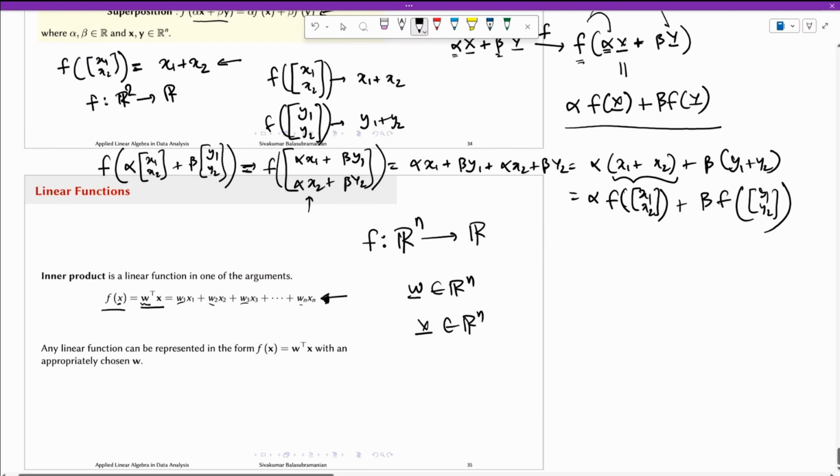It turns out no matter what computer program I give you that is essentially a linear function, you can always find the vector w to replace the program I've given you, and you simply use that w to do the exact same operation that my program was doing. That's what it means to say every linear function can be represented as w transpose x by appropriately choosing w.